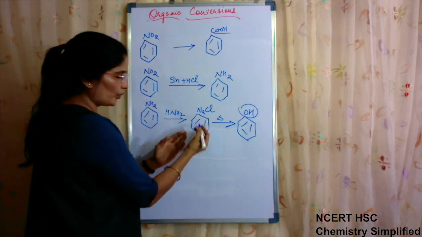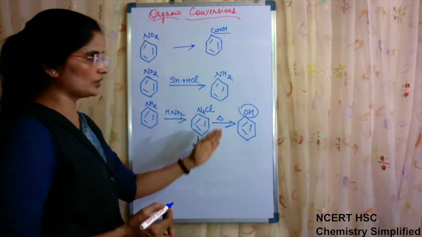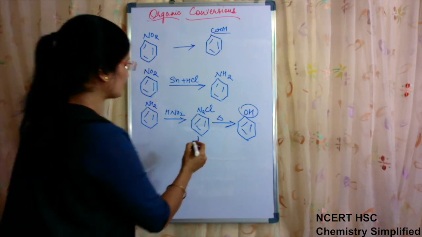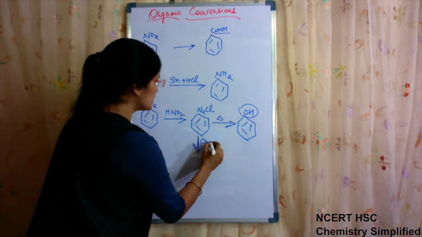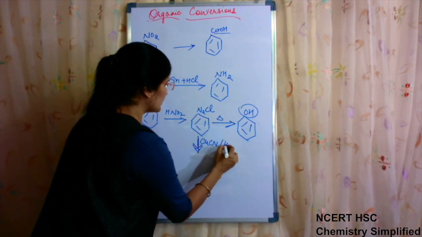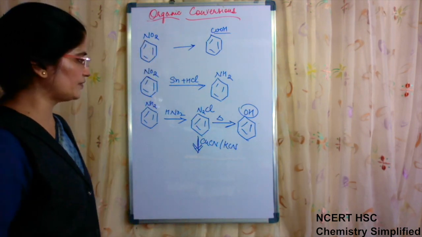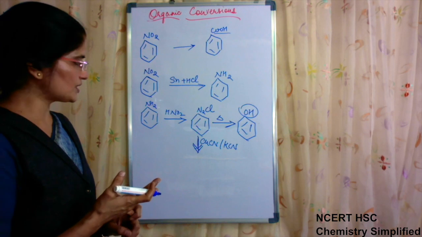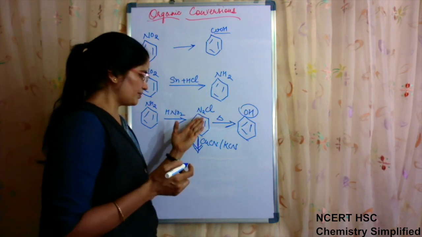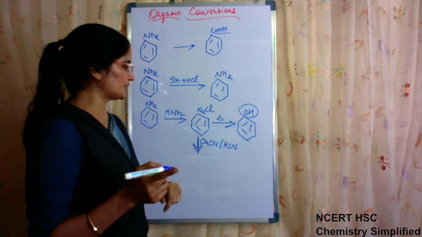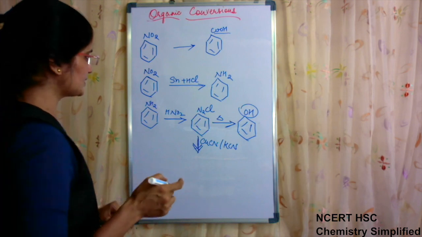Now one more reaction is there which we have done already, that when benzene diazonium chlorides are treated with copper halides and their acids, so CuCN plus KCN can be used. This is Sandmeyer's reaction we have done with halogens for cyanides and for iodides also. Okay, so these benzene diazonium chlorides can be converted into halogen derivatives or into cyanides by using Sandmeyer's reaction.